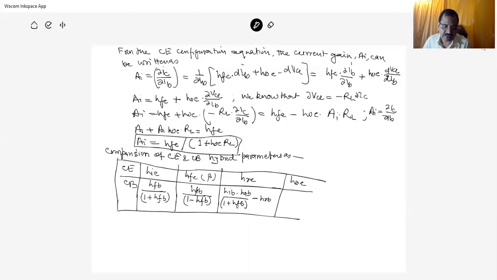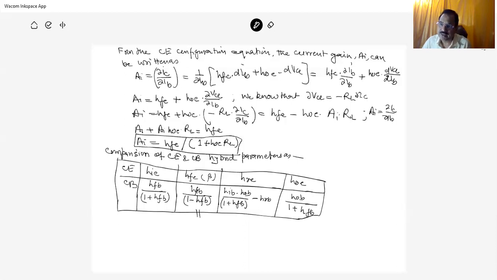And this HOE is HOB upon 1 plus HFB. So these are the comparison.